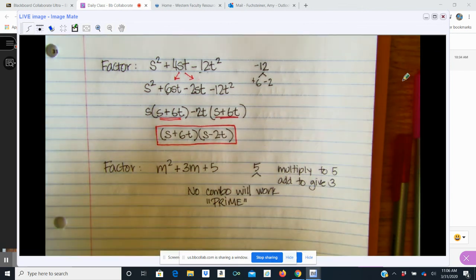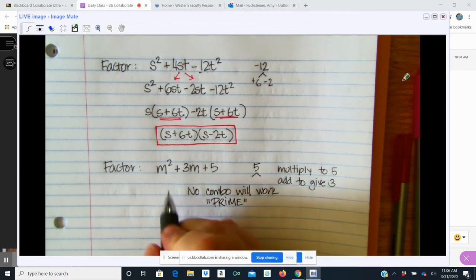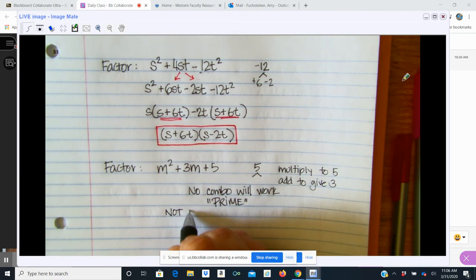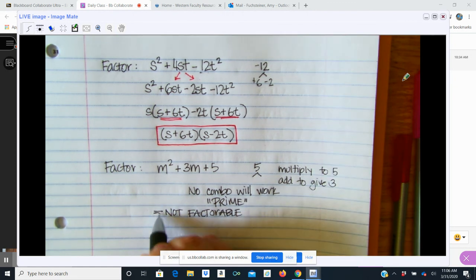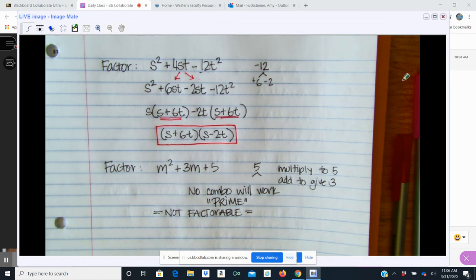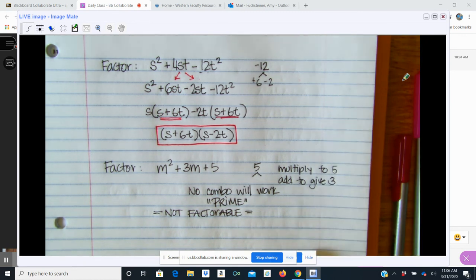We'll learn some alternate methods a little bit later on, in chapter 9. But yeah, not everything is factorable. So when it's not factorable, we call it prime. Right?